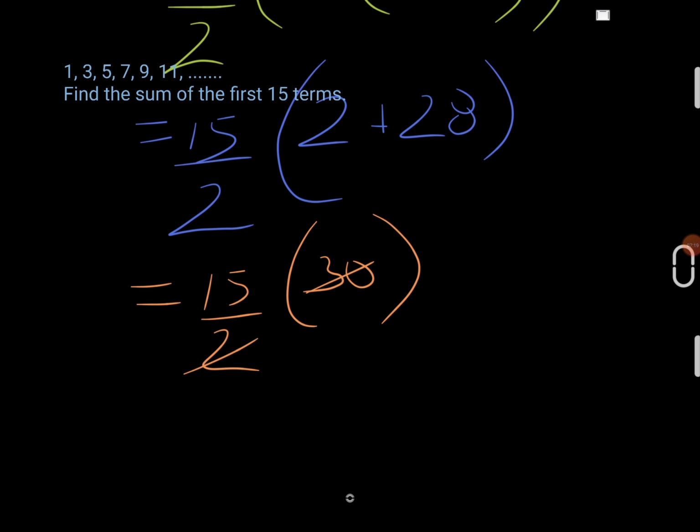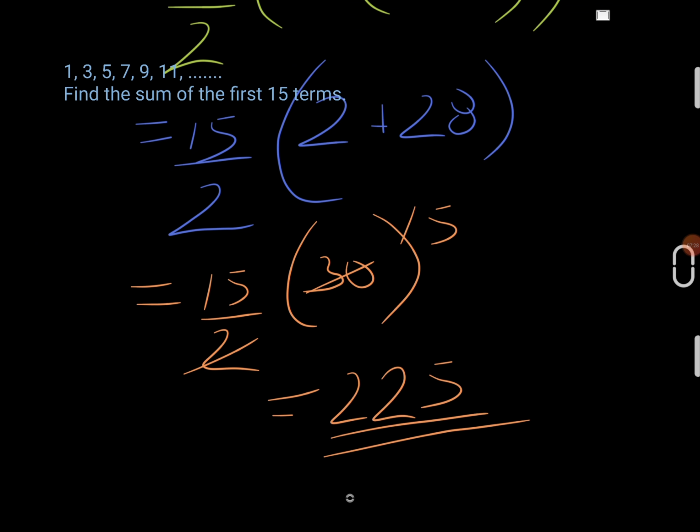You can cancel the 2 and 30, so 15 into 15, that is 225. So by just using the formula, you came to understand the sum of the first 15 terms of this AP, not of any AP, of this AP. That is 225. That is how we apply the formula.